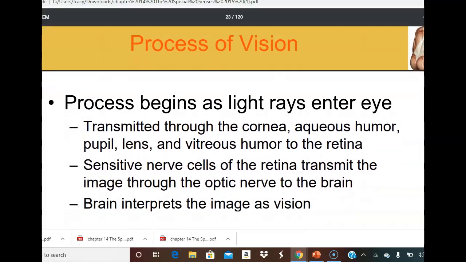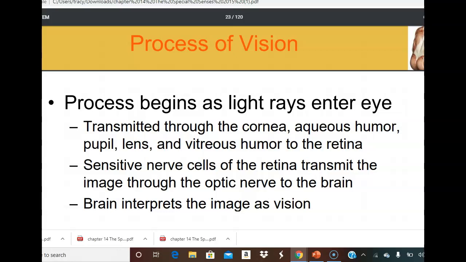All right, so let's recap a little bit on the process of vision. Light rays enter, they're transmitted through the cornea first, which aids in bending or refracting the light. Then we have the aqueous humor, that's the fluid in front. Then the light goes through the pupil. Then it has to be transmitted through the lens, which can either flatten or contract to help accommodate that light through.